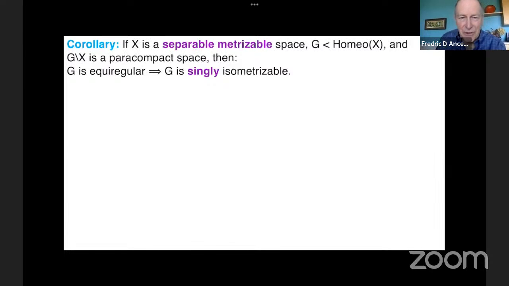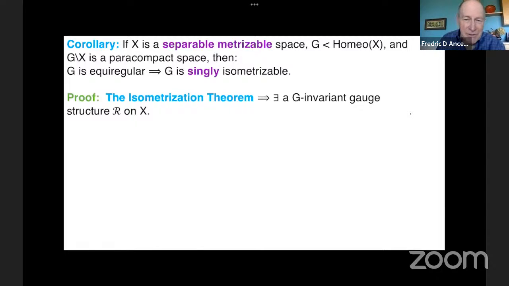In other words, there's a single metric that makes the group into isometries. And I'll sketch why that's true. So the theorem I stated earlier will give you a G-invariant gauge structure, a bunch of gauges, and I want to reduce them to a single gauge, and this is where the separable comes in.